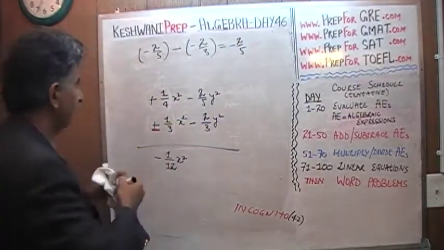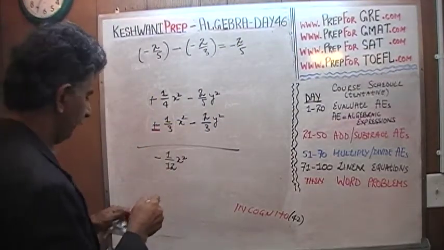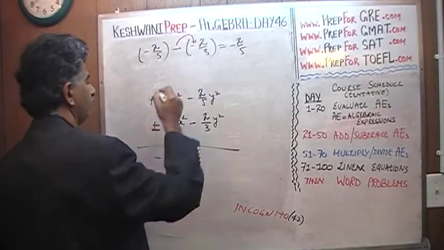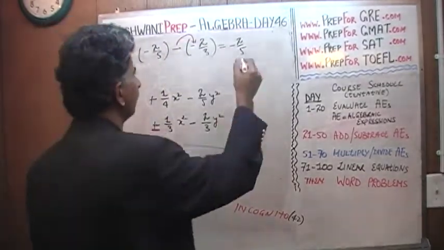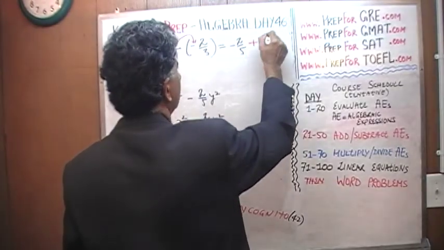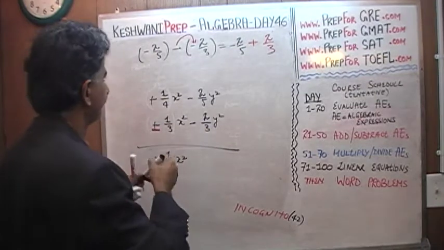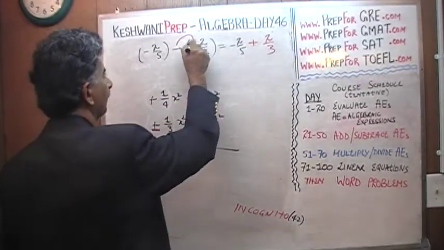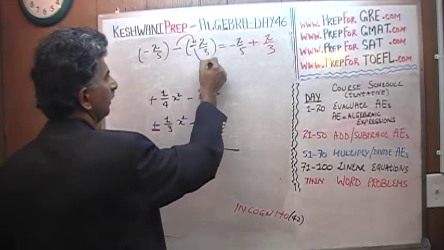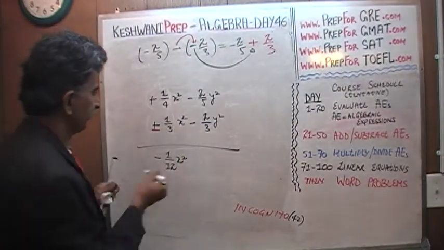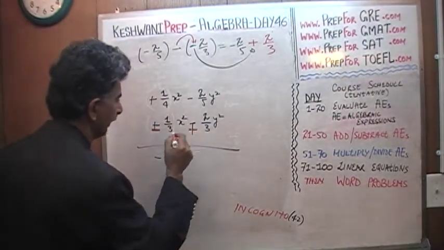But as you open the parentheses, this negative times the negative becomes positive. It becomes positive 2/3. The negative will become positive.